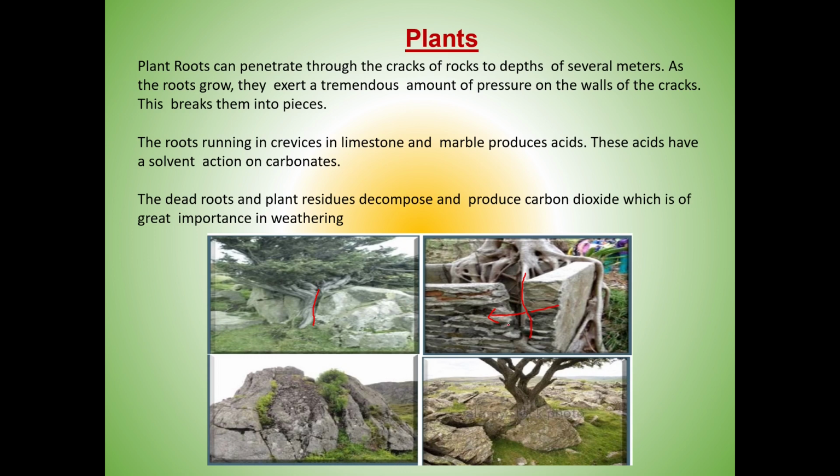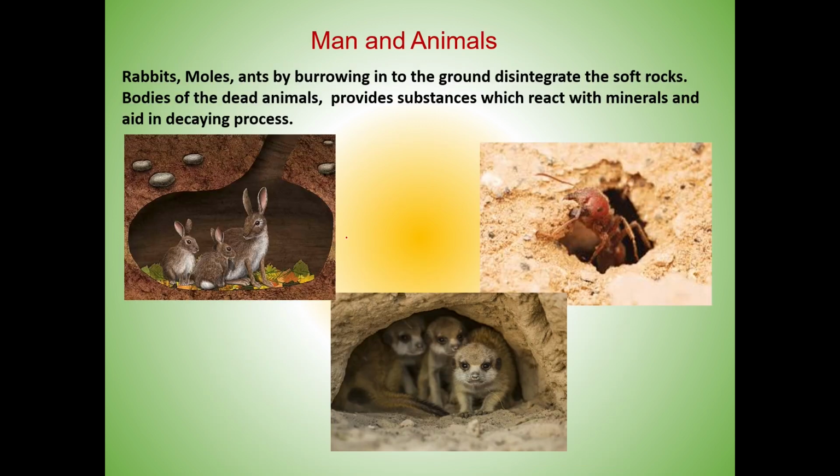The roots running in crevices in limestone and marble regions produce acid. This acid has a solvent action on carbonates. The dead roots of plants and dead animal residues decompose and produce carbon dioxide, which is of great importance for weathering because chemical weathering also takes place.